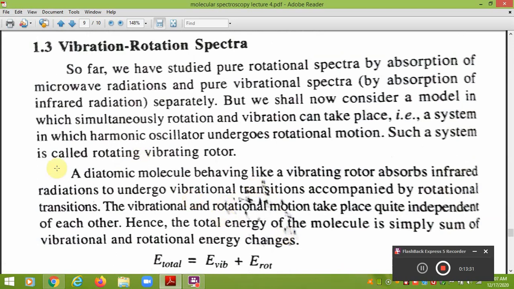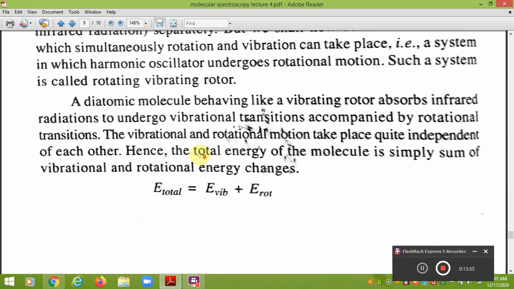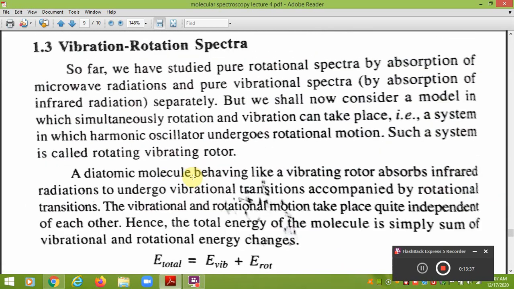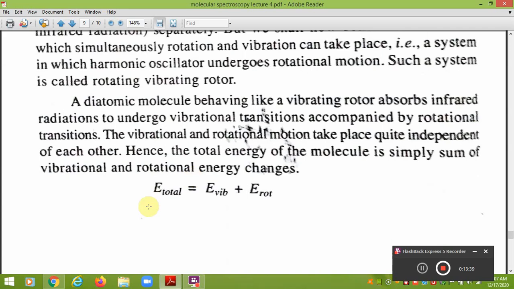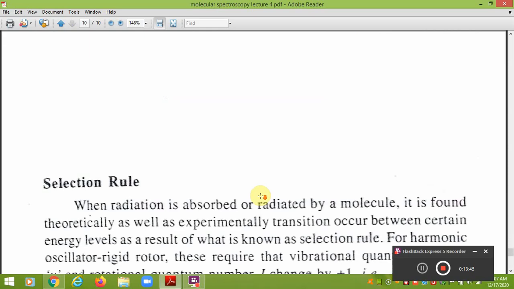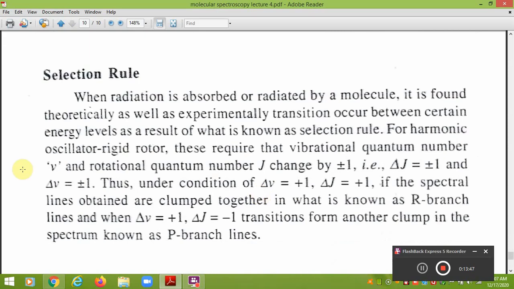If we talk about the combined vibrational rotational spectra, the vibrating rotating molecules have a total energy that is the sum of the vibrational and the rotational energy of the molecule. Therefore, what is the selection rule for the combined vibrational rotational spectra, or the vibrating rotating molecule?